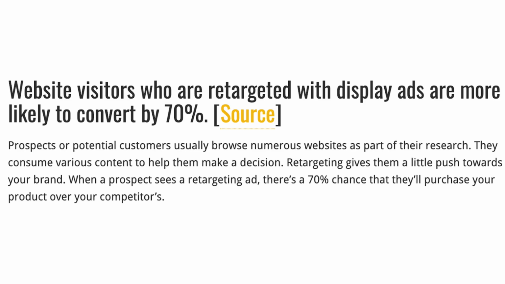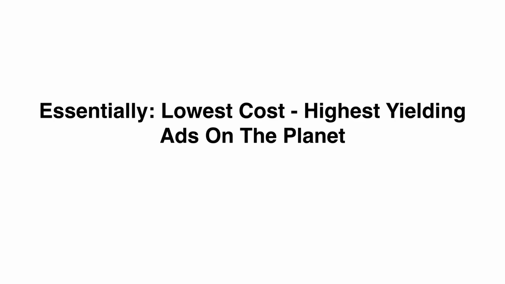You got to make sure that this gets done right away, because it's going to have such a crazy impact on every other advertising medium and everything else that you're doing, and it's going to help you convert so many more prospects into paying customers. Essentially, guys, at the end of the day, remarketing and retargeting is the lowest cost, highest yielding ads on the planet.